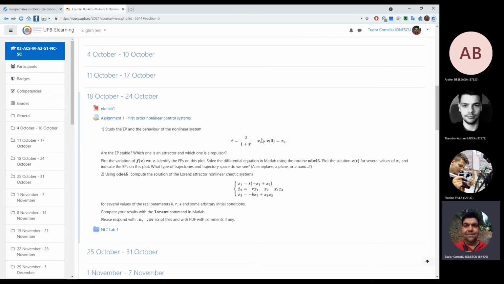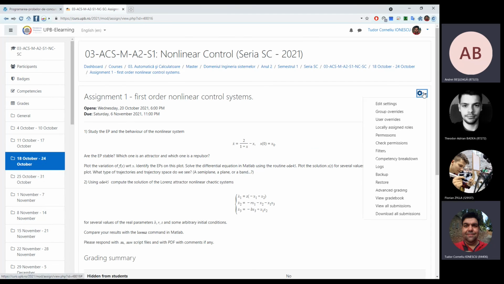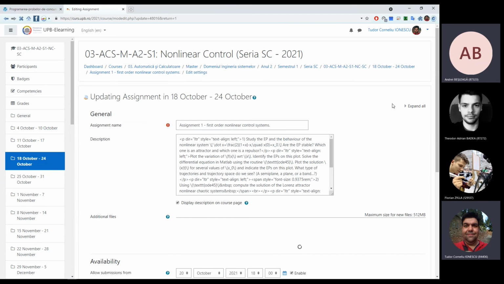Can you see the assignment? I saw it today when I entered the Moodle. But if you change the hour to 6 o'clock, maybe now it is not visible. No, it starts at 6. You want to see it now or what? Yeah, this is what I meant, that right now it is not visible. But it will be. The settings, but it's not a problem.